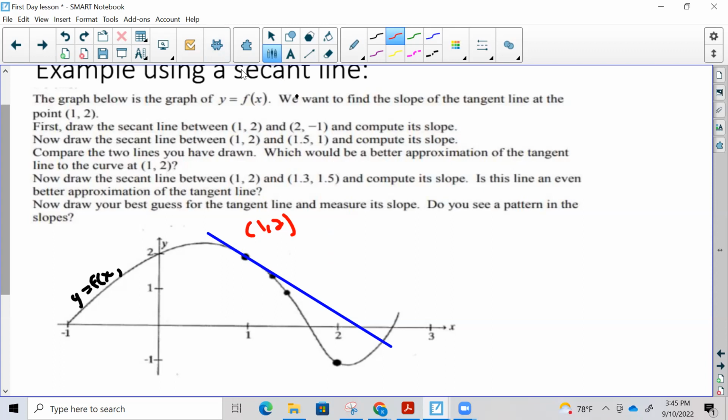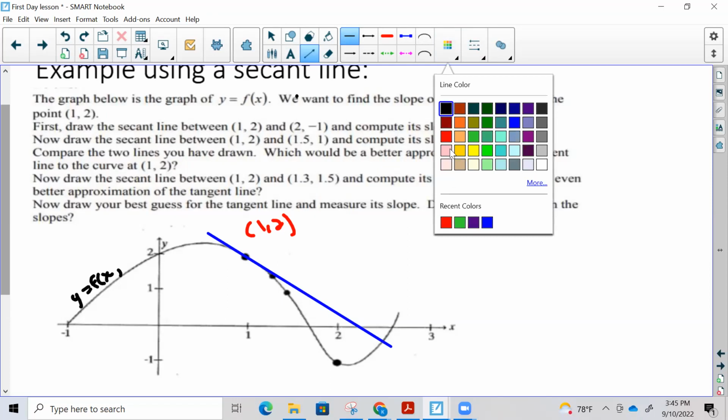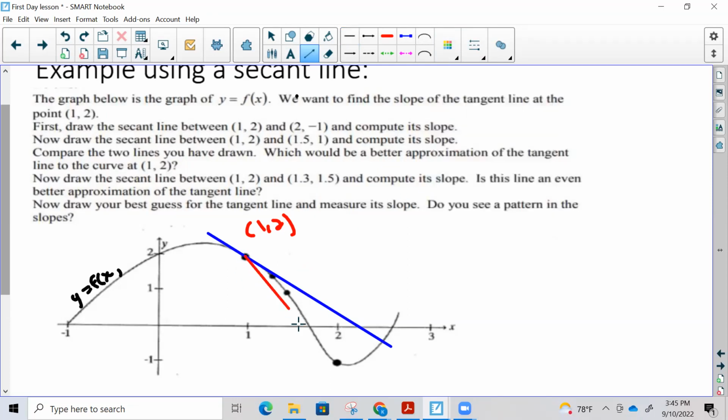So we can use the secant line to help with that and get an estimate of the slope of the tangent line. We're going to start by finding the slope between the points (1, 2) and (2, -1). Here's (1, 2), here's (2, -1). You can definitely tell it's not as good an approximation as the blue line, but it's going to help us get an idea of the slope.